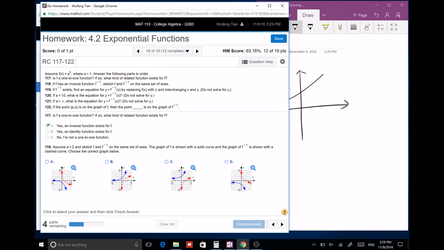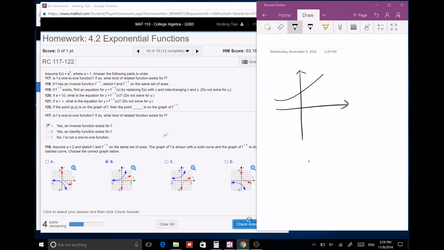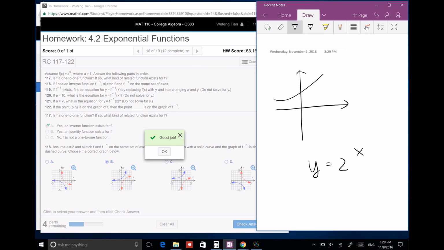And the next one. Assume a equals 2, sketch f and f inverse. f is the solid curve. So it's either B or C. But when x equals 0, y equals 2 to the power 0, which is 1. It's B, because the function is 2 to the power x, and when x equals 0, y equals 1.